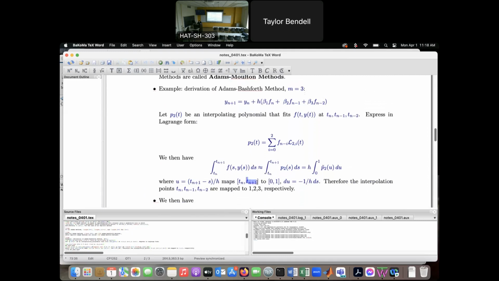So Tn plus 1 corresponds to 0, and Tn corresponds to 1. The reason I'm doing that is it simplifies working out these coefficients, the betas, because now instead of interpolating at Tn, Tn minus 1, Tn minus 2, I'm interpolating at the integers 1, 2, 3.